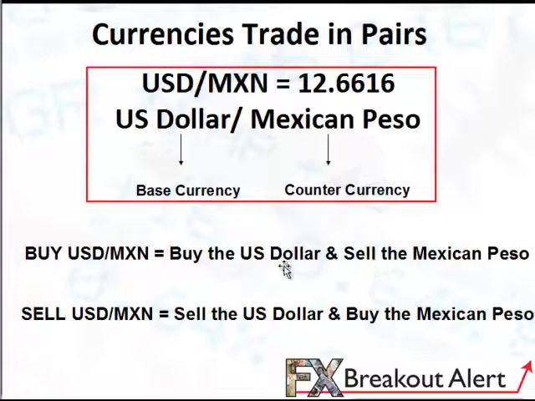So you're basically betting that the US dollar will rise in value against the Mexican peso. And if you sell USD MXN, you will be selling the US dollar and buying the Mexican peso at the same time. So you will be basically betting that the US dollar will lose value against the Mexican peso.